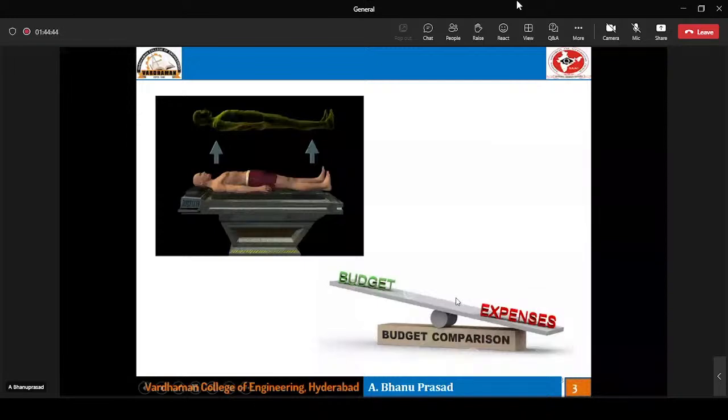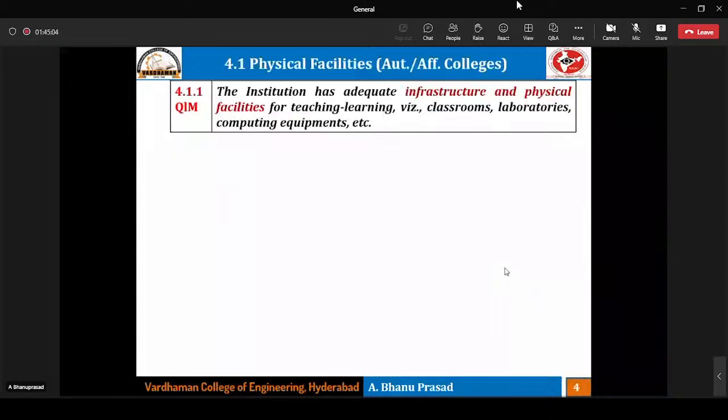Budget is temporary, but expenses are the real part. Even though criterion 4 is a small one, it fetches 100 marks, because it is the live part. When an expert comes, he sees the live thing. So we should be very careful how best we can project our live scenarios, which we call infrastructure and learning resources.